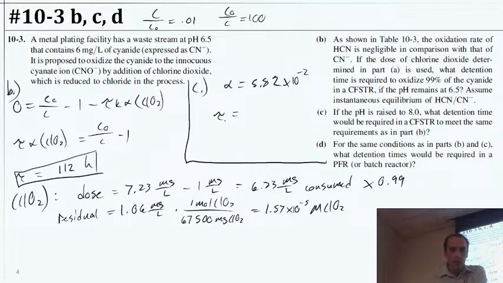The tau at pH 8, I have as 6.17 minutes. Which is, again, probably in my notes I just have things written funny.